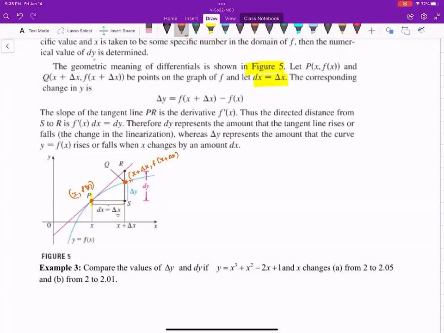So what is this delta y then? If you take rise over run on the graph, this distance is delta y and this distance is delta x.